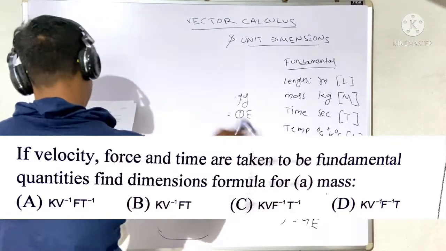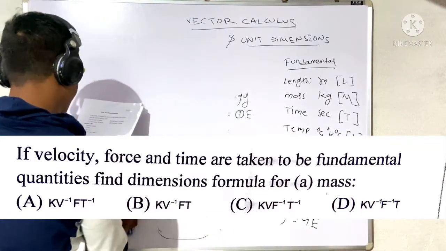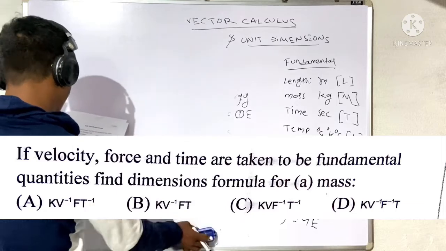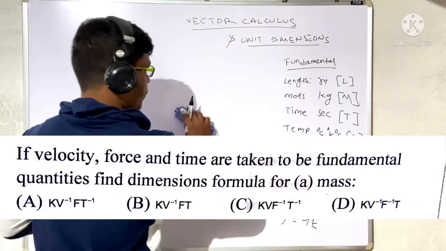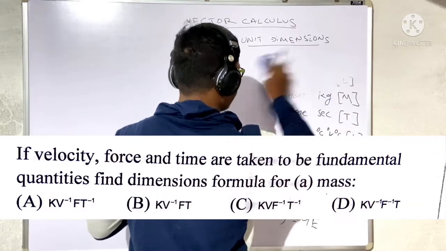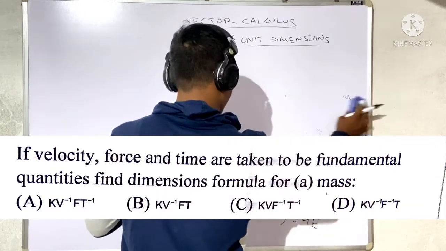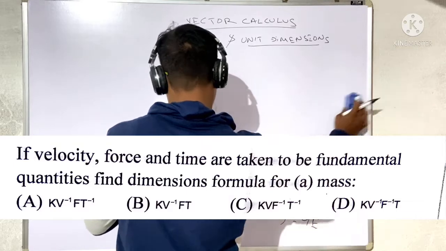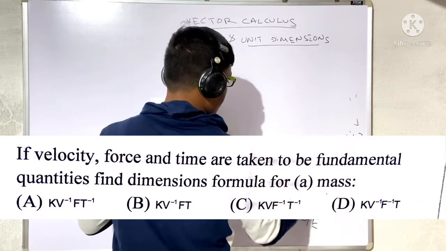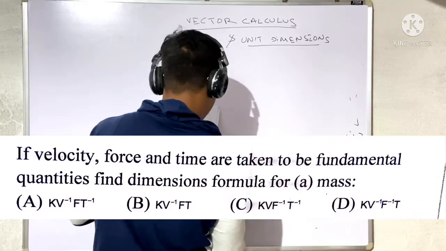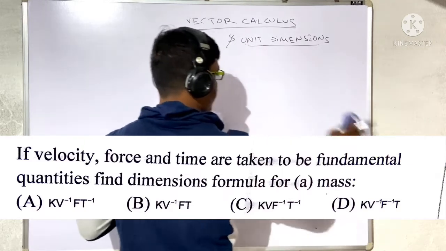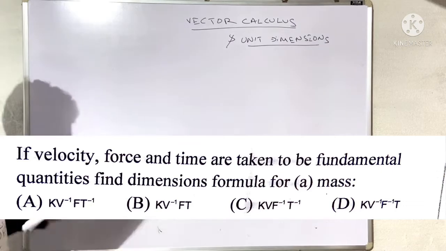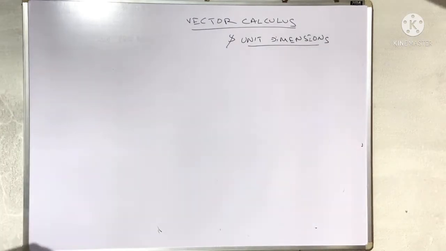If velocity, force and time are taken to be fundamental quantities, what is the dimension formula for mass?